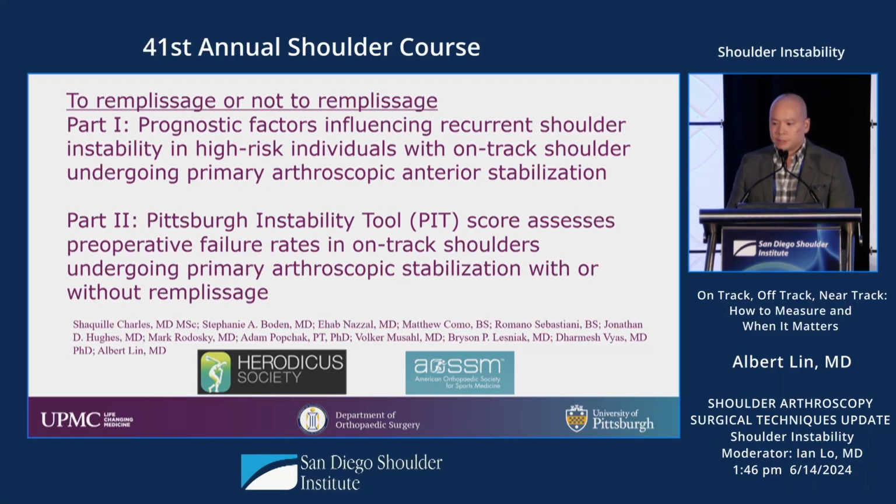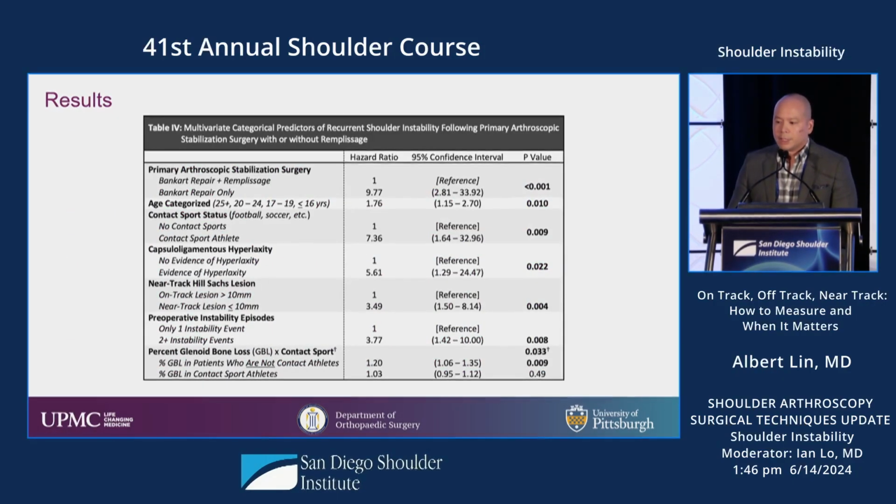So we've done some studies looking at prognostic factors, as well as trying to establish a risk assessment score, which we term the Pittsburgh Instability Tool, or the PIT score, to determine whether or not a remplissage would be useful. And from these studies, we determined that the factors that would affect outcome include age, contact sports, hyperlaxity, near-track status, the number of preoperative episodes, and the percent of glenoid bone loss.